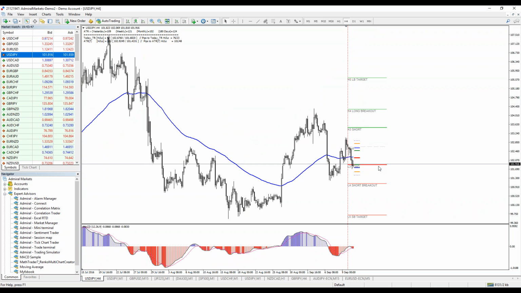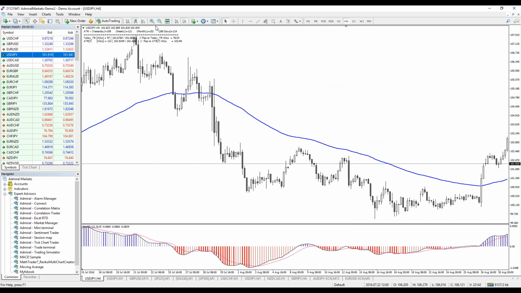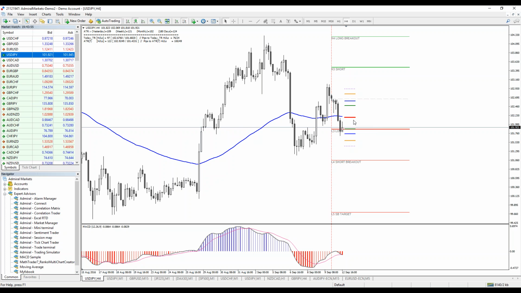Dollar yen, Derek, dollar yen. You see, it's different from euro yen, but it's still a little bit similar. If it closes above this L3 4 hour, it will go up. But if it doesn't close, it could go down. So it seems like dollar yen and euro yen are out of full correlation now.